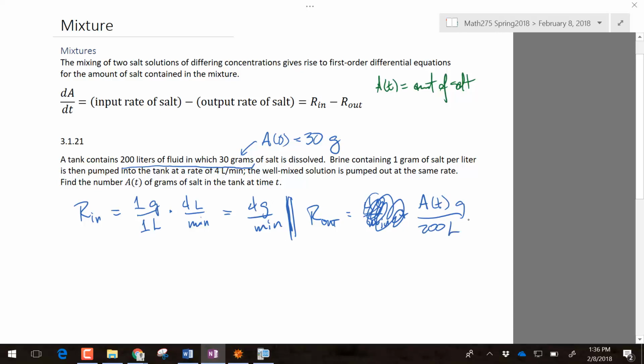Wait, this isn't a rate yet, is it? Oh, it's still going out at the same rate of 4 liters per minute. So we'll do the 4 liters per minute here.